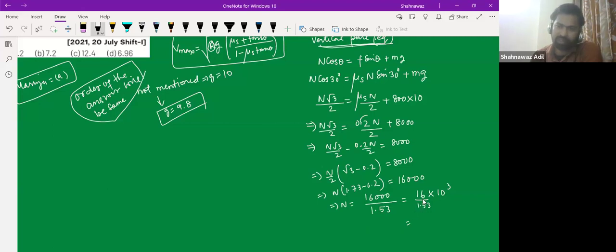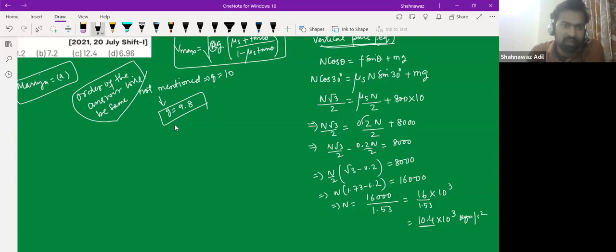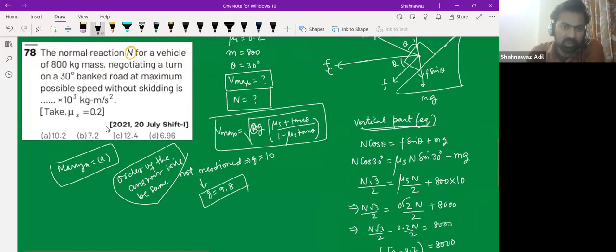This is simple, right? 10.4. So this is 10.4 into 10 to the power 3 kg meter per second square. So the answer would be 10.4.